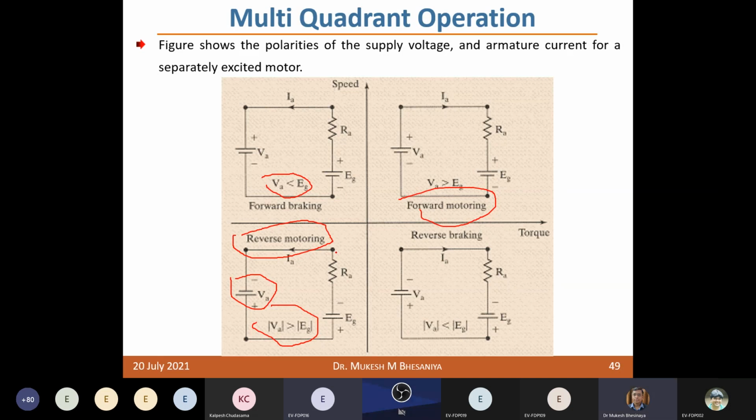If you do not have this mode available, then obviously to move your vehicle in a reverse direction, you need to have some sort of mechanical mechanism which will move your vehicle in reverse. Got the point, madam?